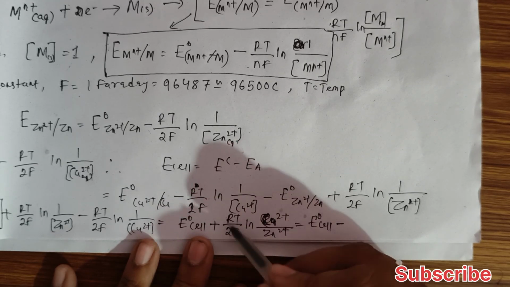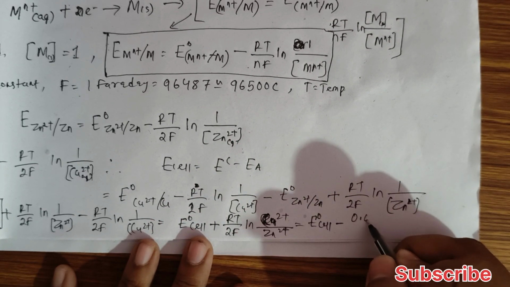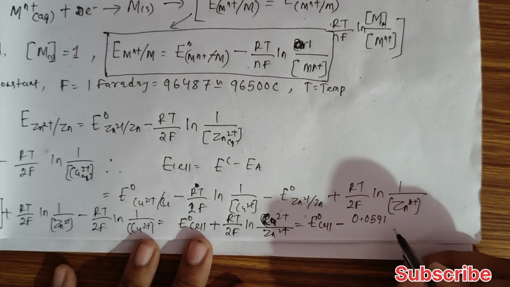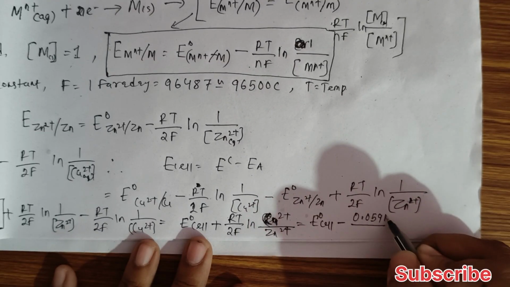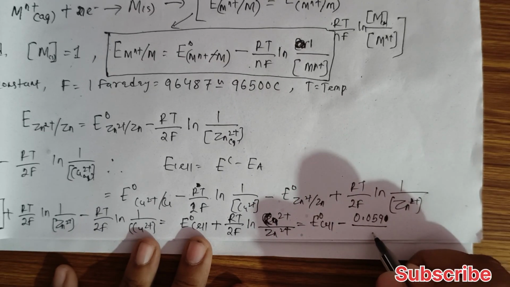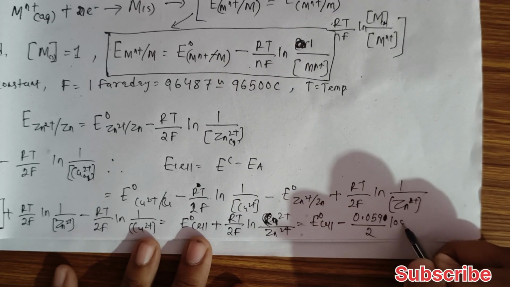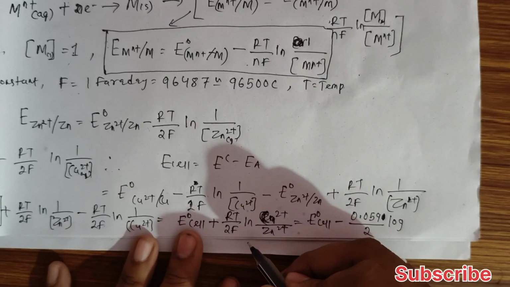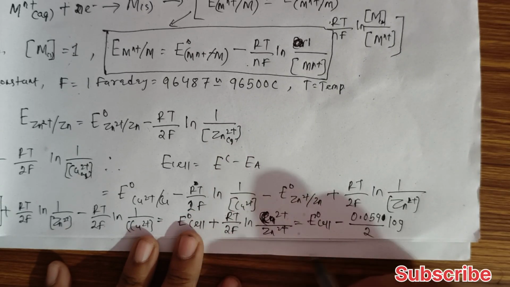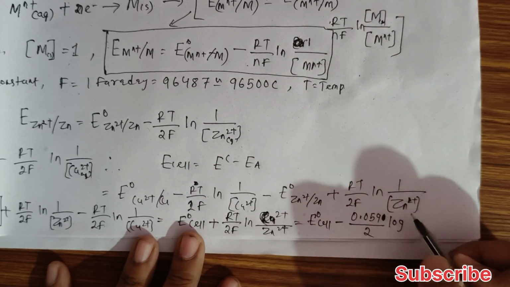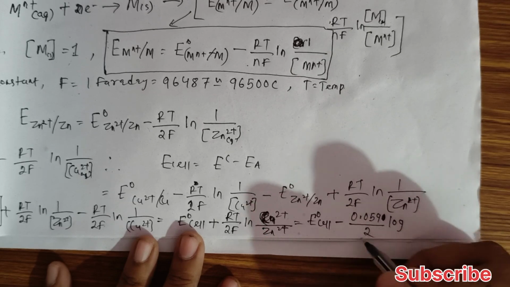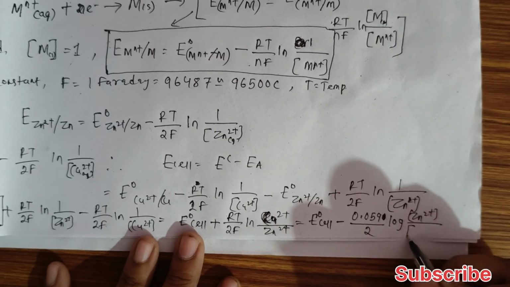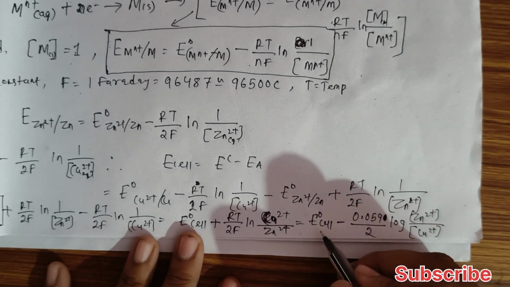If I calculate all these terms, we get a value of approximately 0.0591, so you can write 0.059 by 2 log. To convert ln into log, 2.303 must be multiplied. So we get 0.059 by 2 log of Zn2+ divided by Cu2+.